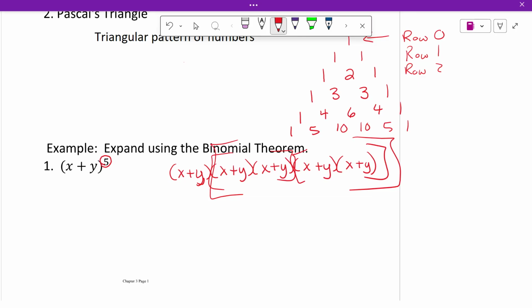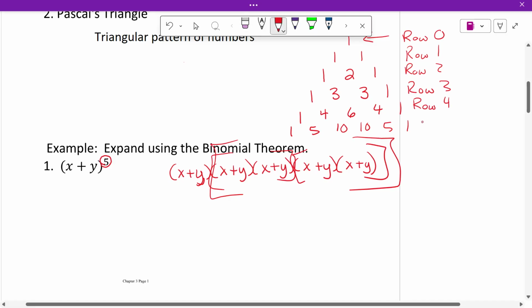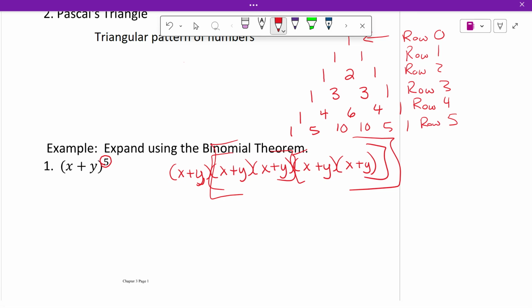Then this dude called Blaise Pascal came up with Pascal's triangle. Now, if it's to the 5th power, we're going to use row 5. We're going to use row 5 of Pascal's triangle and go 1, 5, 10, 10, 5, and 1.